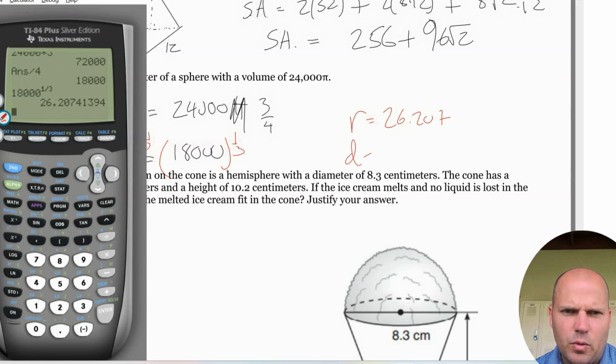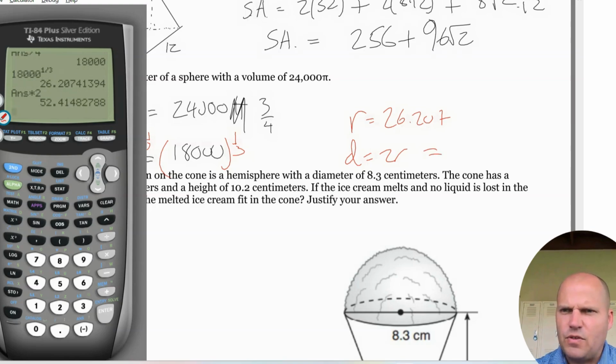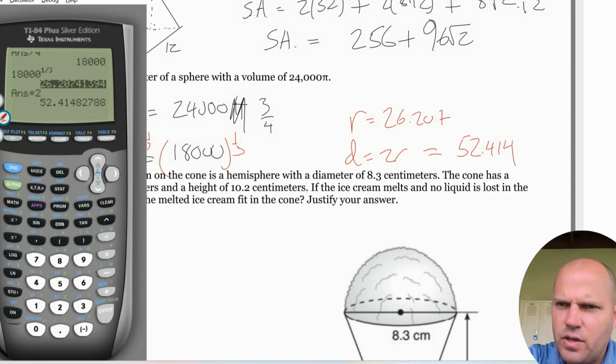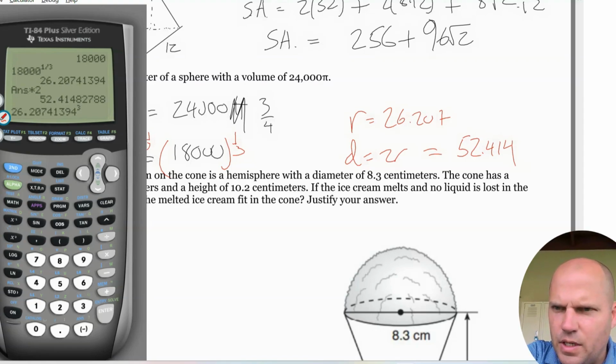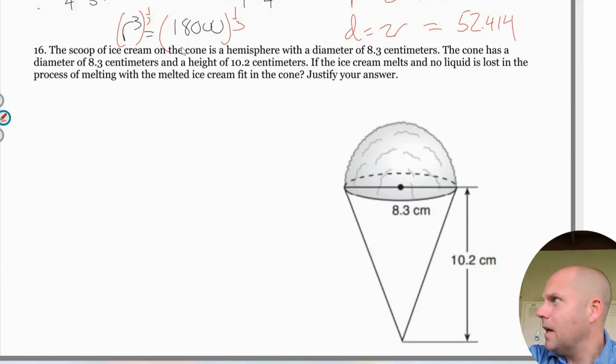And then the diameter would be twice the radius, which is 52.414. Just going to make sure this is correct. If I take this and cube it, obviously I'm going to get 18,000 times 4/3. I should get 24,000 pi. Yep, times pi.